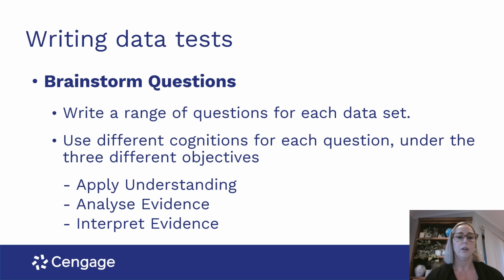When you're writing your data test, you need to maintain approximately a 30%, 30%, 40% split of marks between those three objectives. So look at the different cognitions and make sure you've got a range under the three objectives, so that when you're trying to get your 30, 30, 40 split later on, you're able to make the choice.